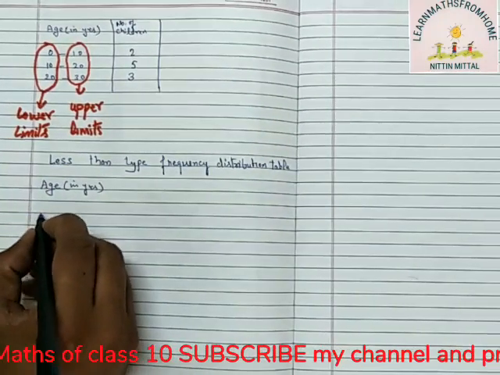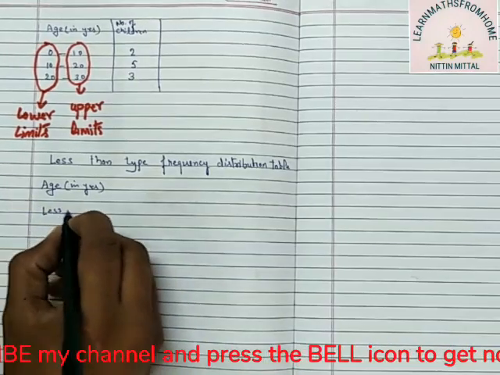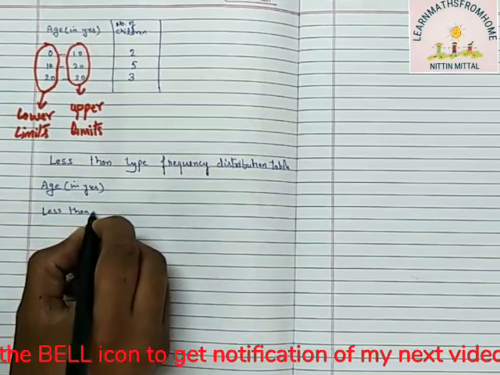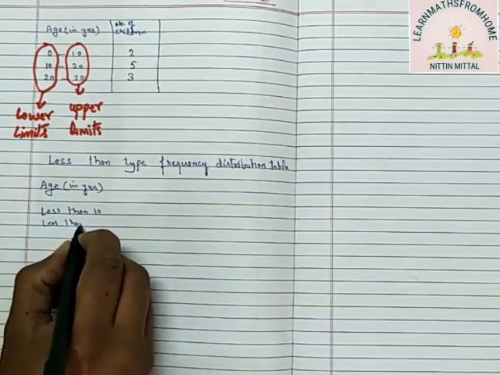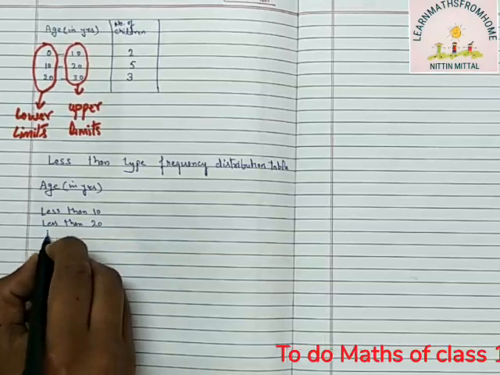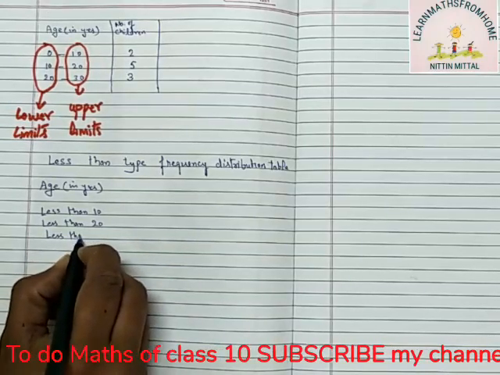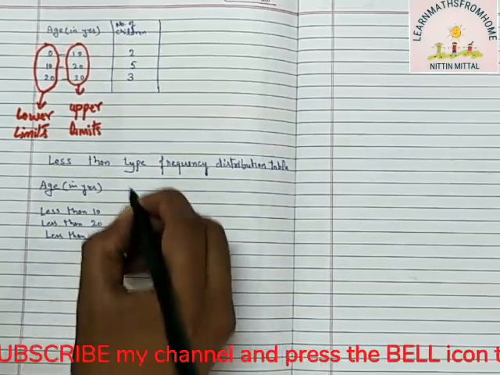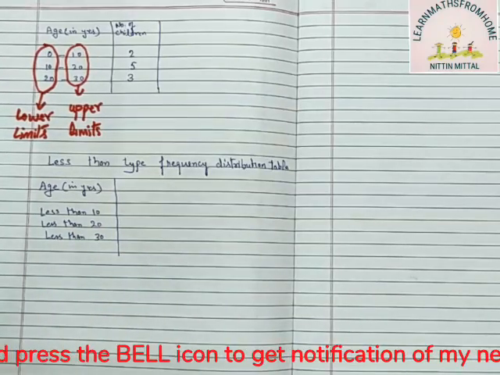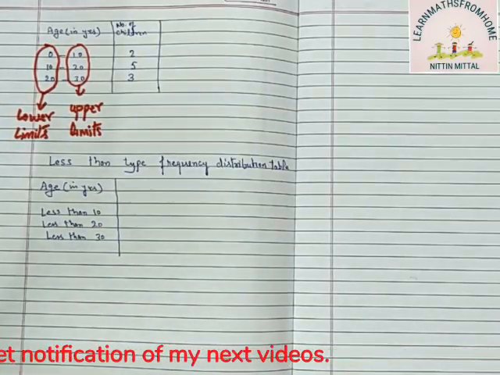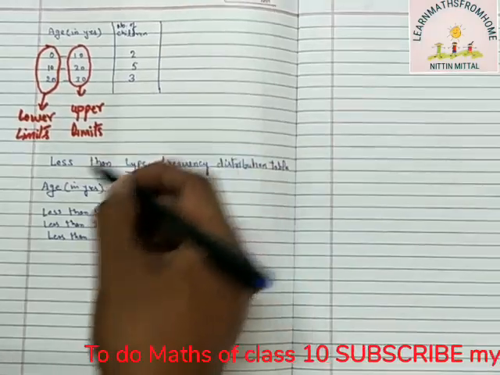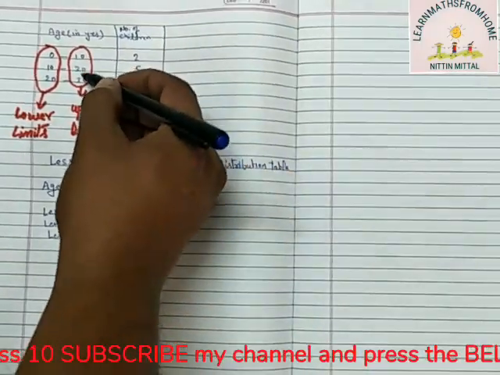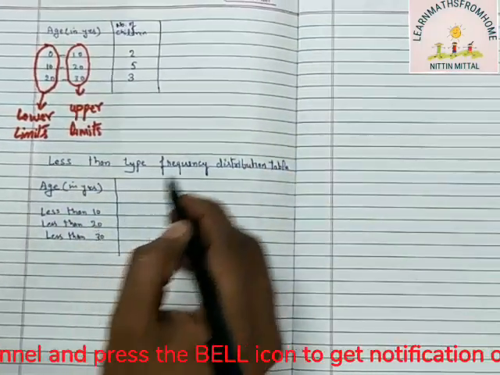So here you can write less than 10, less than 20, less than 30, and so on. So I have taken 3 class intervals to make you understand the concept. So in less than type frequency distribution table you are supposed to choose the upper limits.